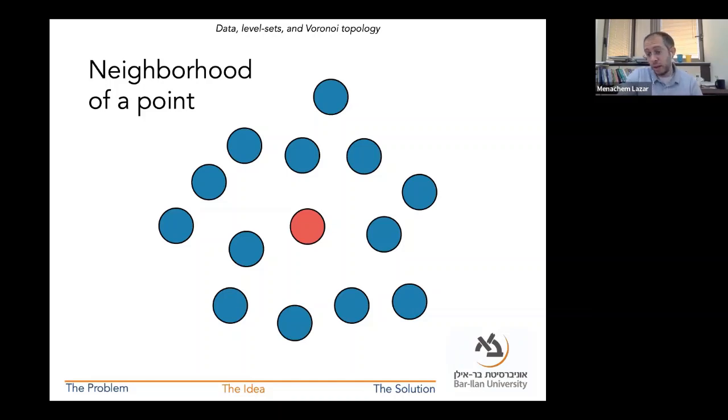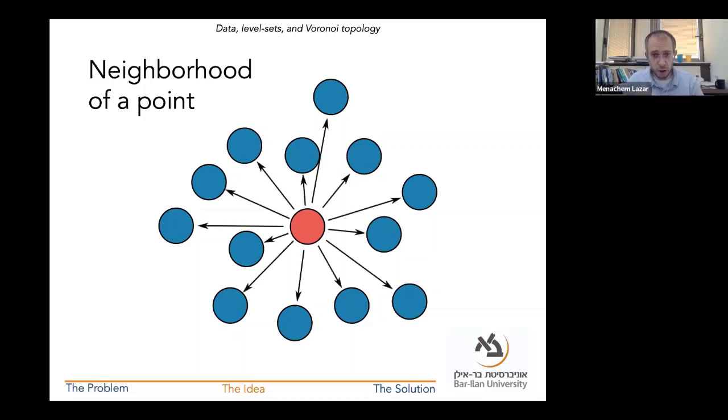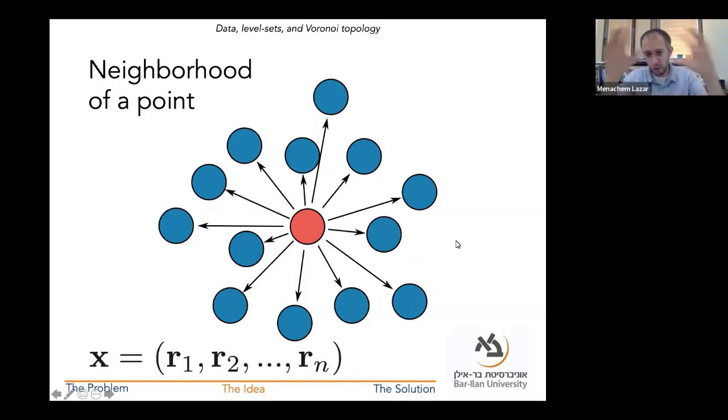So one thing I could do is look at the displacement vectors, or the distances, to all the neighbors, and write them all down. In some sense, that gives me all the information of the local neighborhood.